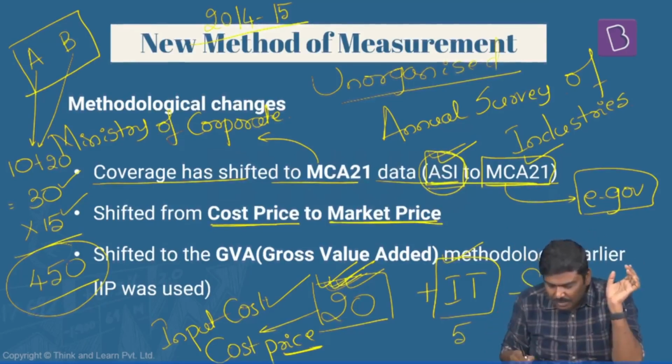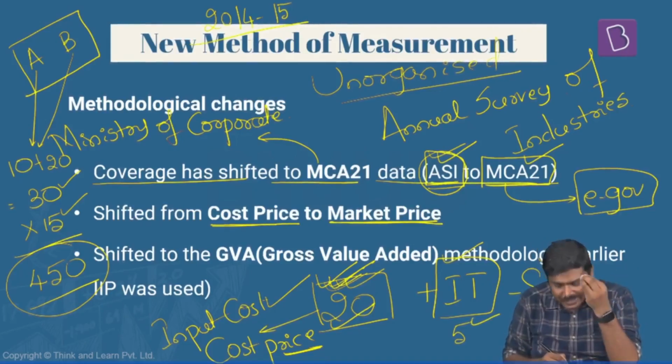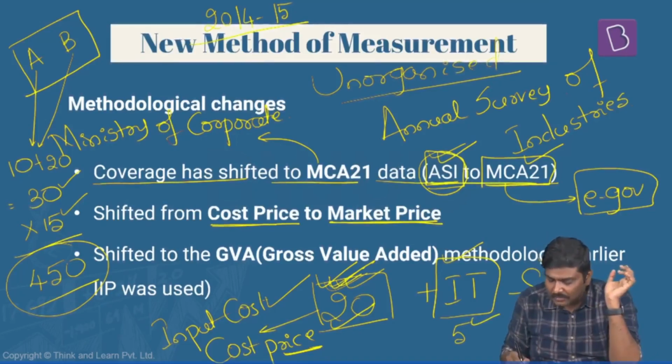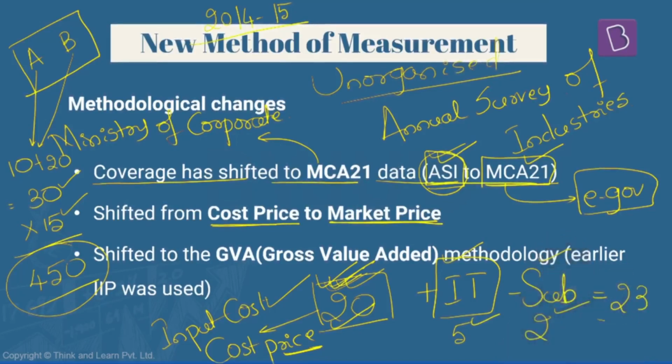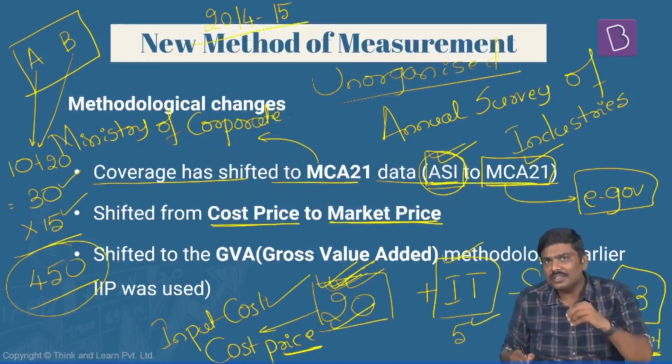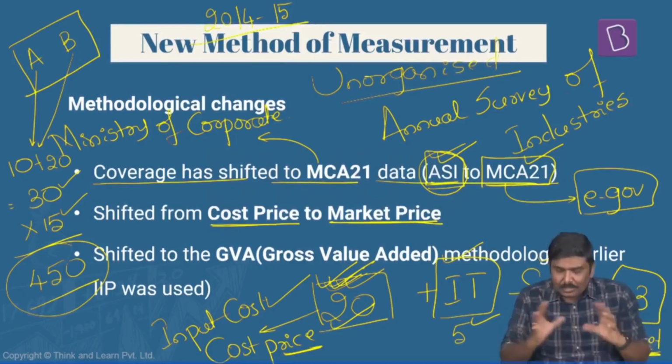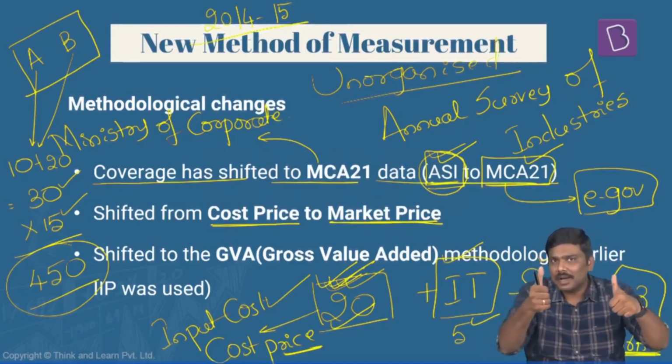So in this particular example, 20 rupees is the cost price. Indirect taxes 5 rupees, 25, and the subsidies is 2 rupees. So net effect of all of this, I will sell the pen to you at 23 rupees. This particular 23 rupees is nothing but market price. Is it okay? This 23 is nothing but market price. So this is the basic idea of a cost price and the market price.